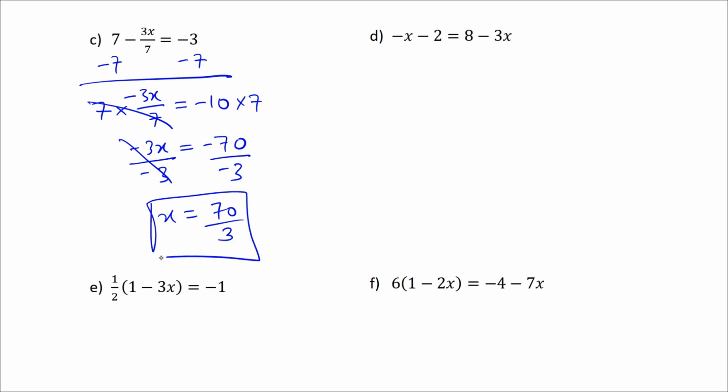The next problem, start by eliminating the smaller x. Basically, let's add 3x on both sides. The smaller x is negative 3x in this case. So we start by adding 3x on each side.